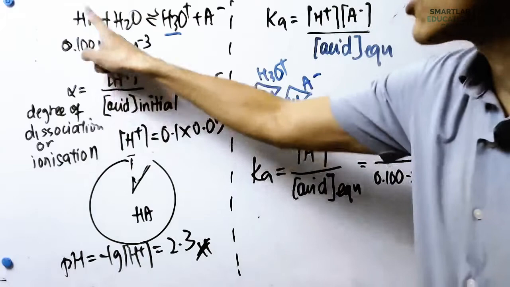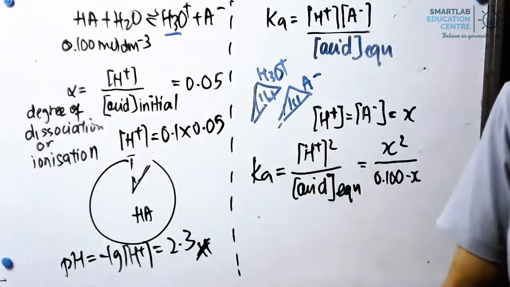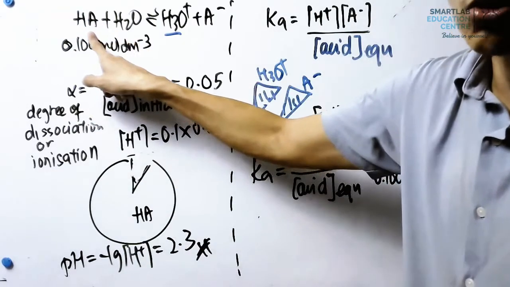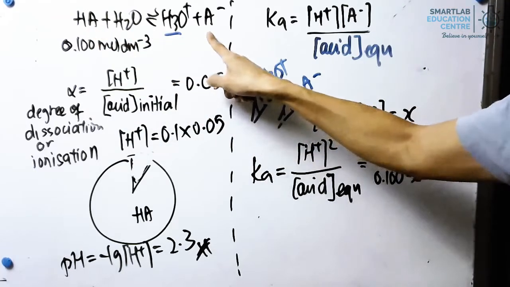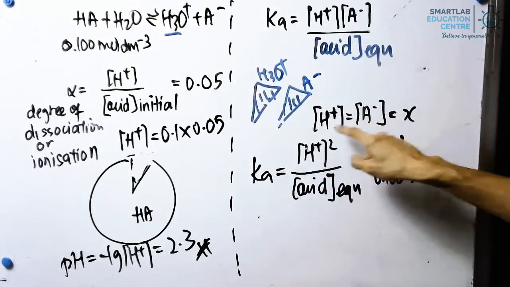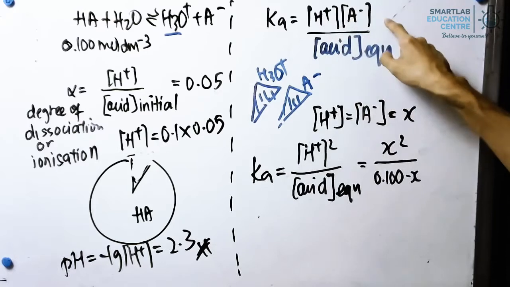You could imagine that if out of 100 molecules, 5 undergo dissociation, you get 5 of these and 5 of these. So the key thing is that these two concentrations are the same.